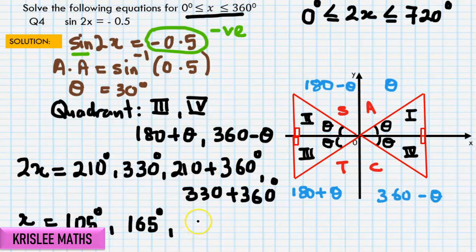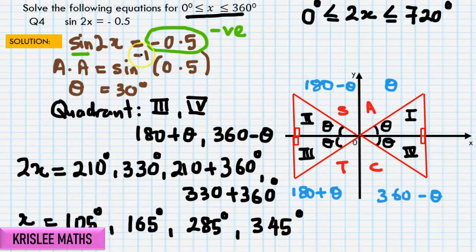Therefore, x is 285 degrees. And the last one, 330 plus 360, you will get 690. So 2x equals 690. So divide by 2, you will get 345 degrees.